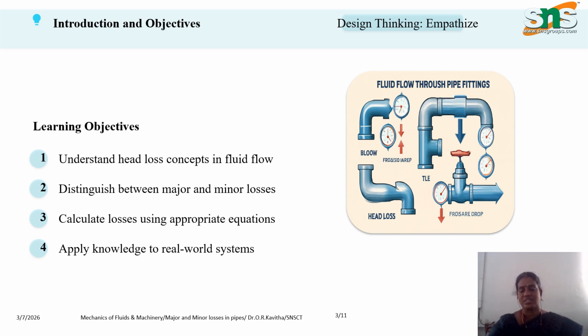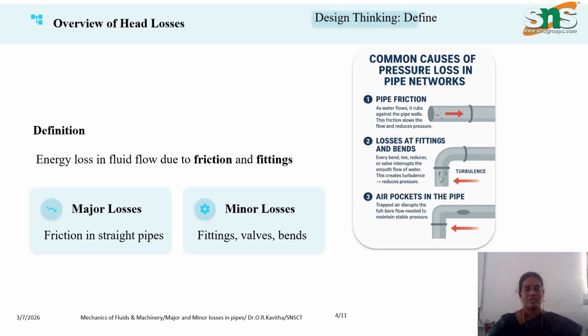Here you can see this picture showing many pipe fittings: the elbow, the T joints, and the gate valve. Everywhere, due to these pipe fittings, there will be losses.